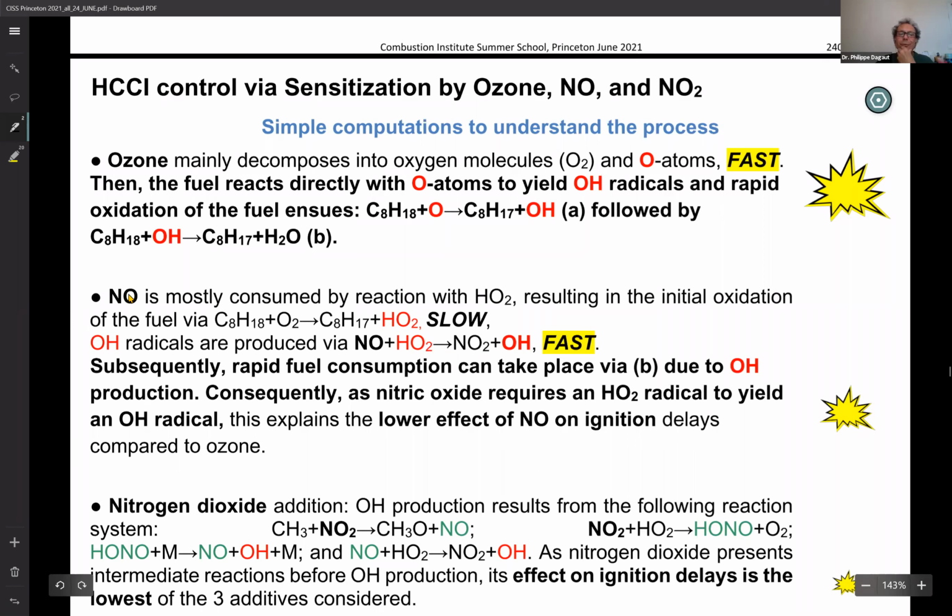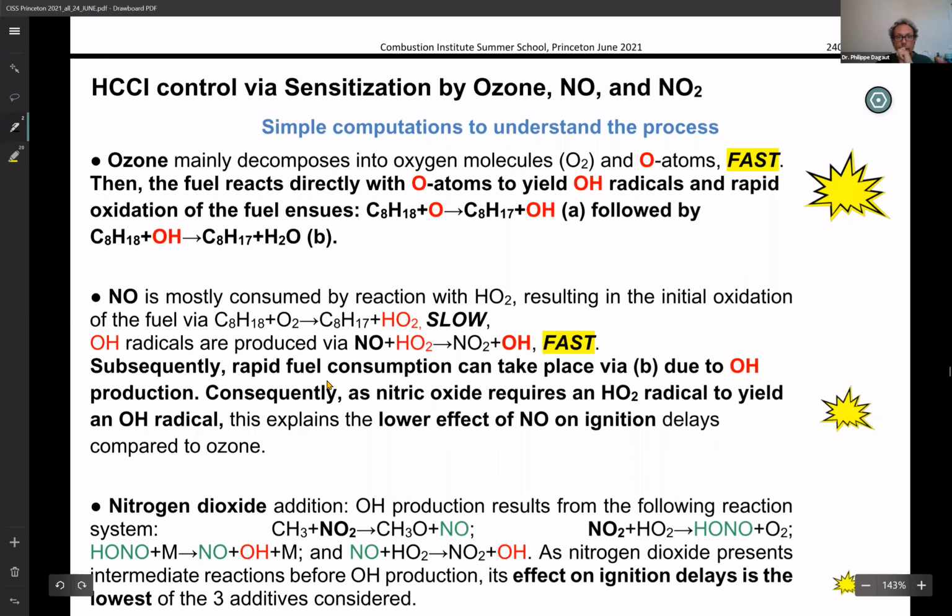When you use NO as an additive, NO is mostly consumed by reaction with HO2, which is produced by the reaction of the fuel with O2. And again, it's a slow process. HO2 can be produced by reaction of these HO2 radicals with NO, and it's a fast process.